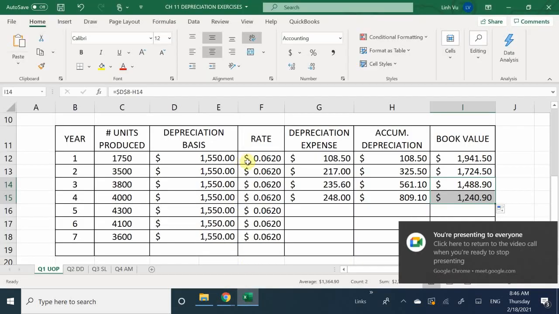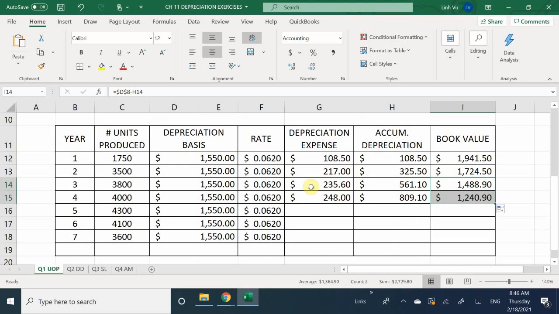Continuing on, what is going to be my depreciation expense for year 5? 266.60. Good.